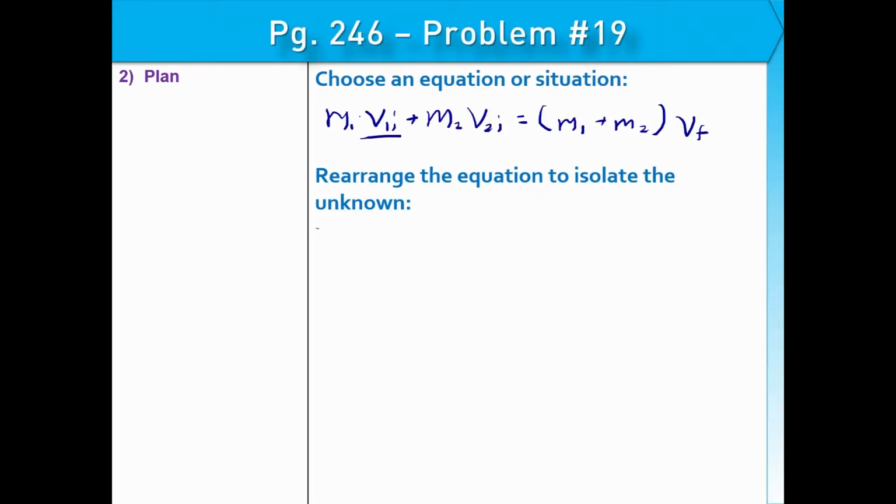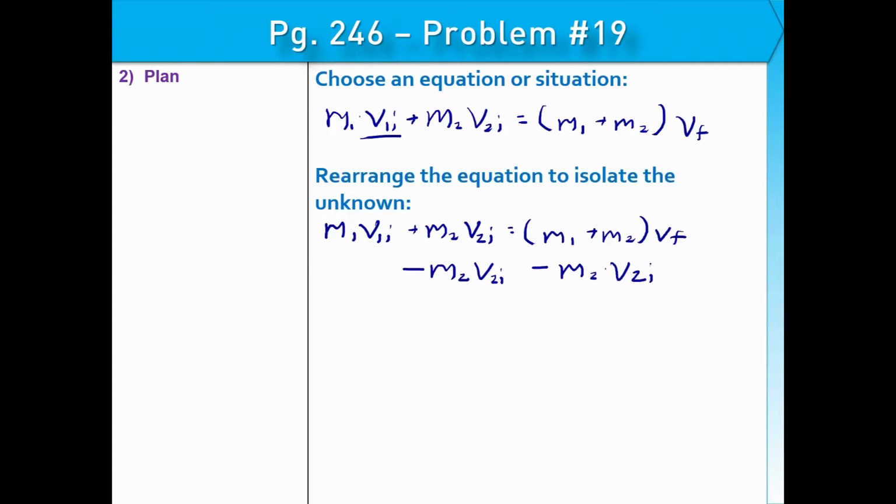To isolate this, I'll rewrite my equation one more time. Mass 1 times velocity 1 initial plus mass 2 times velocity 2 initial is equal to the two masses added together times final velocity. I'll subtract the term mass 2 times velocity 2 initial from both sides, because it is added with the velocity 1 initial. This term will cross out.